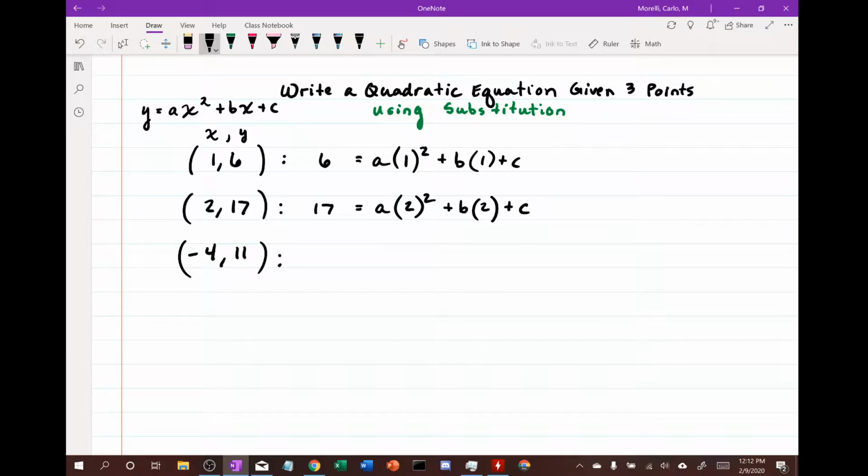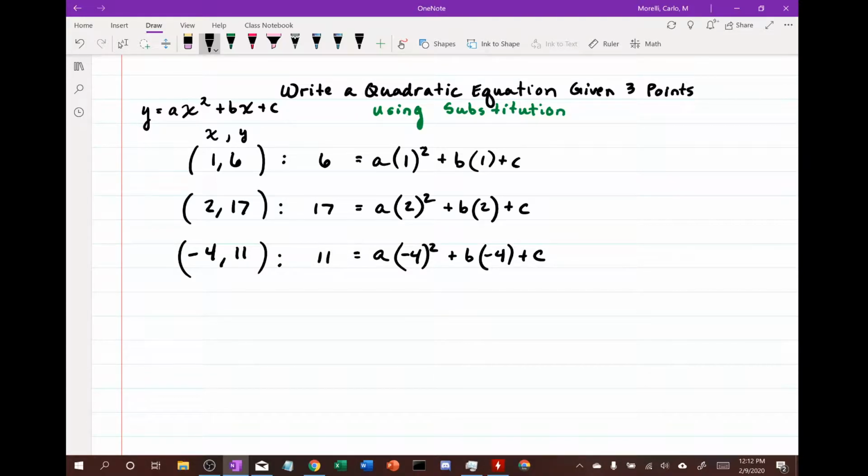And for my third equation, I have a y value of 11 equal to a times negative 4 squared plus b times negative 4 plus c.